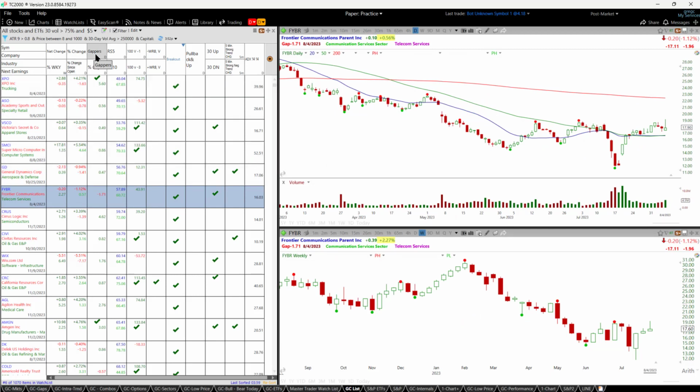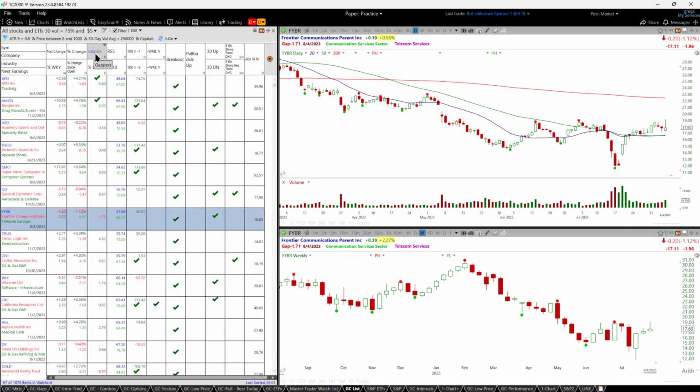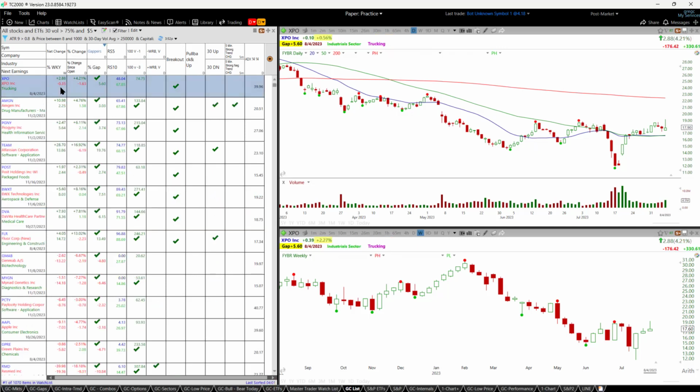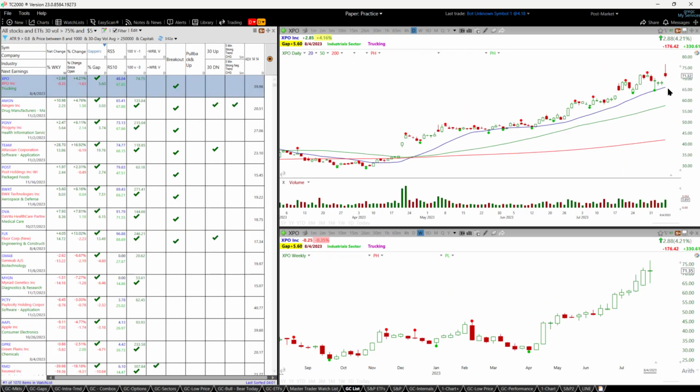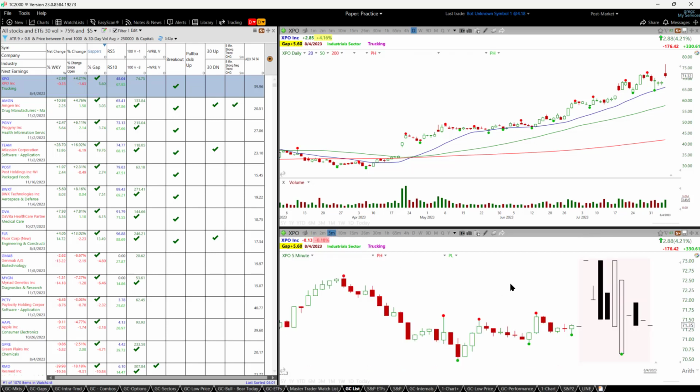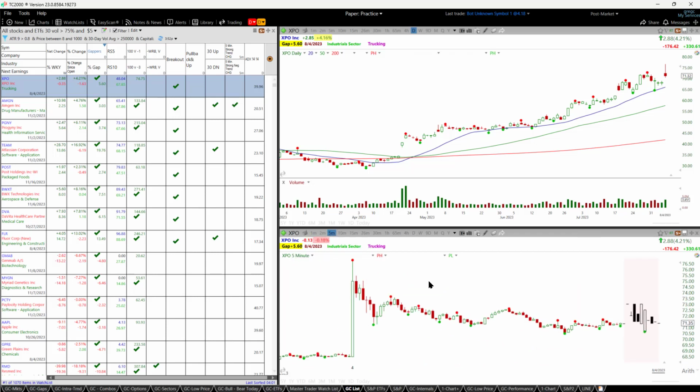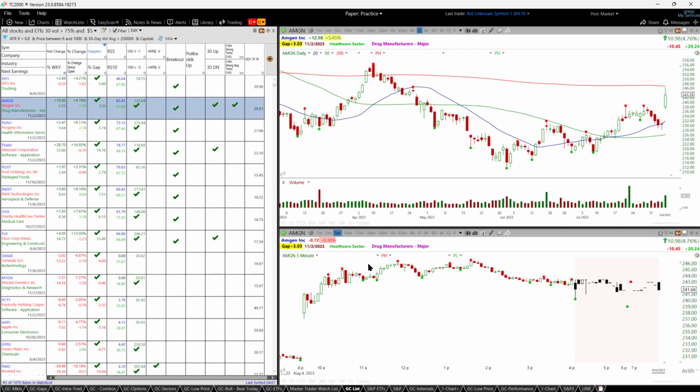In the morning, from our list, I can look for what's gapping up. So from here, how would I possibly day trade it? I can certainly swing trade it, but from a day trading perspective, I would drop down and look at a 5-minute chart and see a pattern like this where it gapped up.